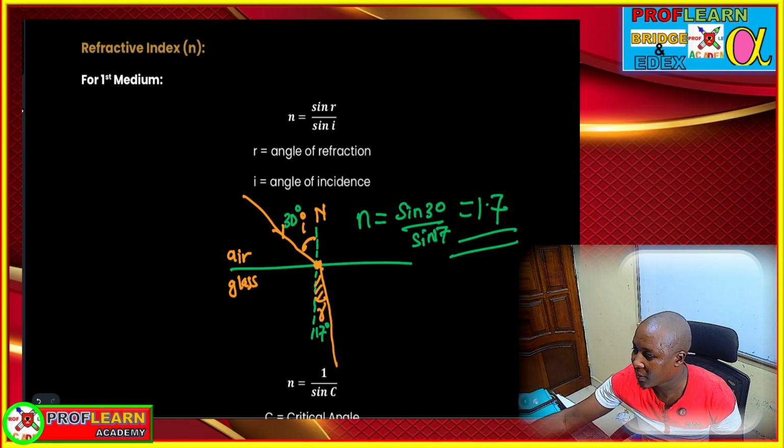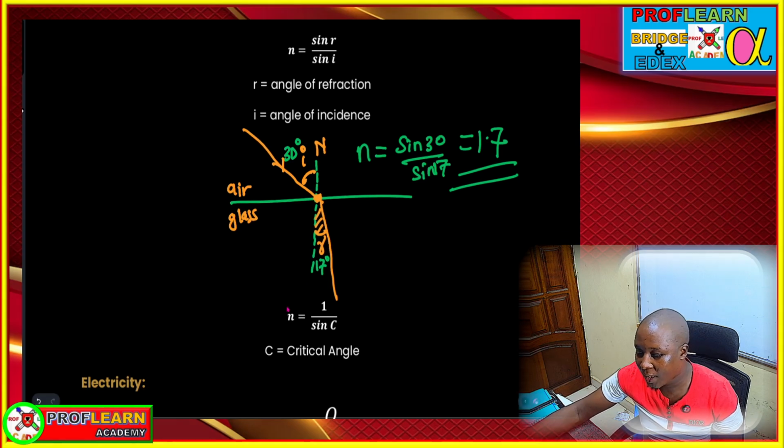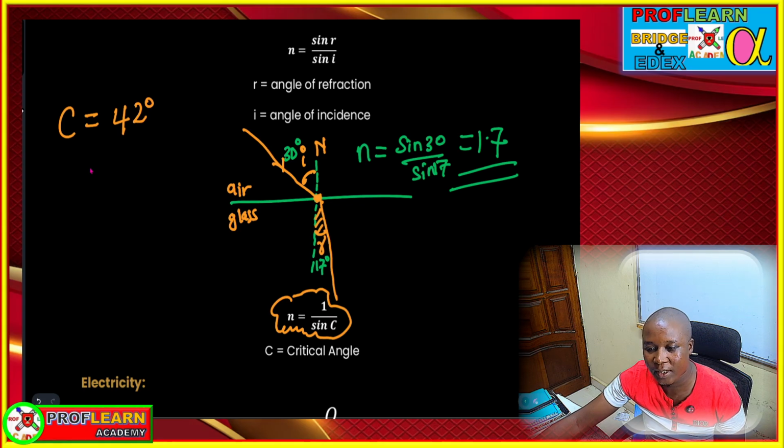Another important formula is the relationship between the refractive index and the critical angle. You may be asked to work out the refractive index when given the critical angle. For instance, the critical angle of a material is 42 degrees; find the refractive index.